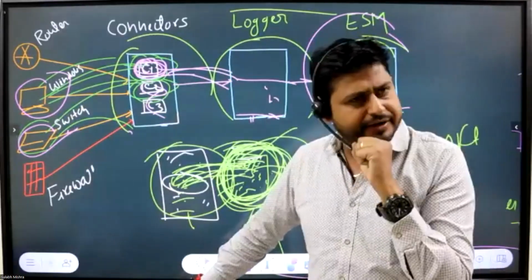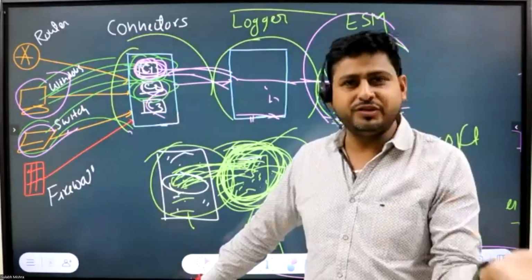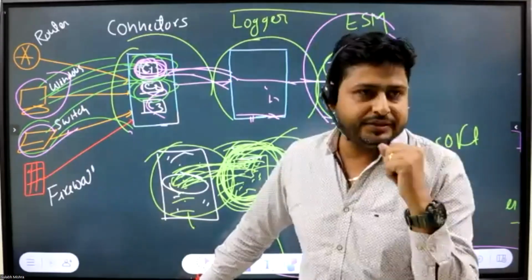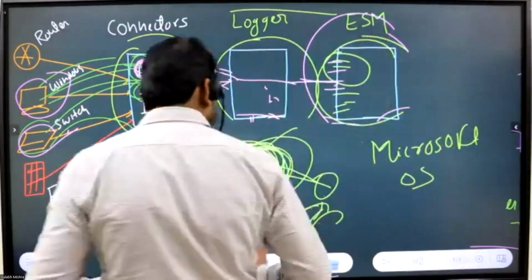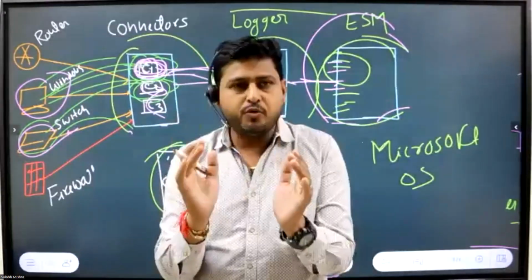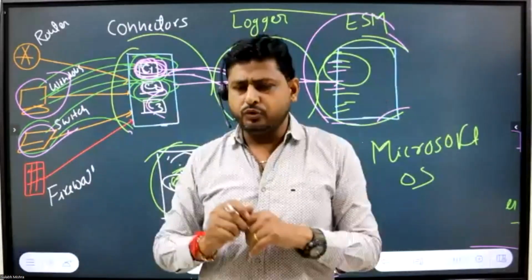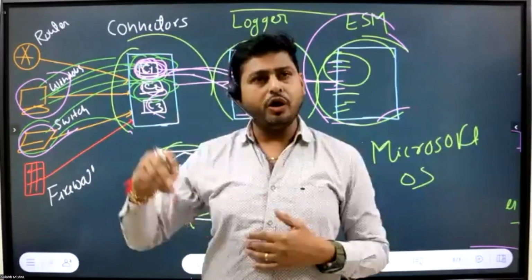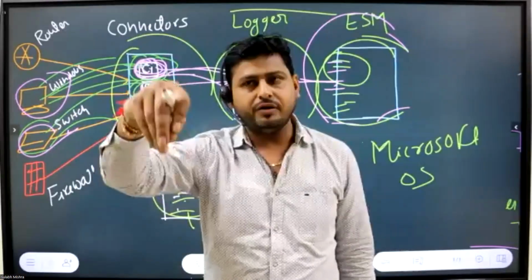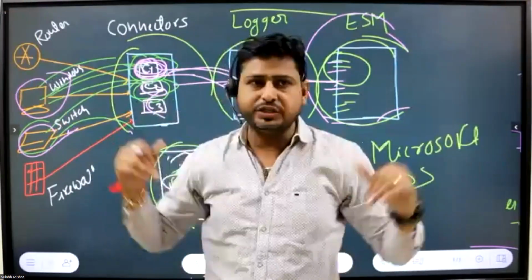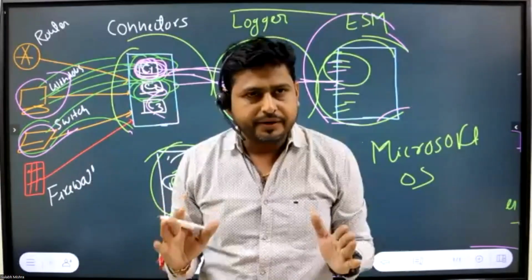So what is the difference between Windows 10 and Windows Server 2012, 2016, 2019? What happens is, generally, see, laptop, desktop hardware has been designed for personal use, daily office use, not to deploy any software or application which has to be accessed by a number of users. Got it, mind?